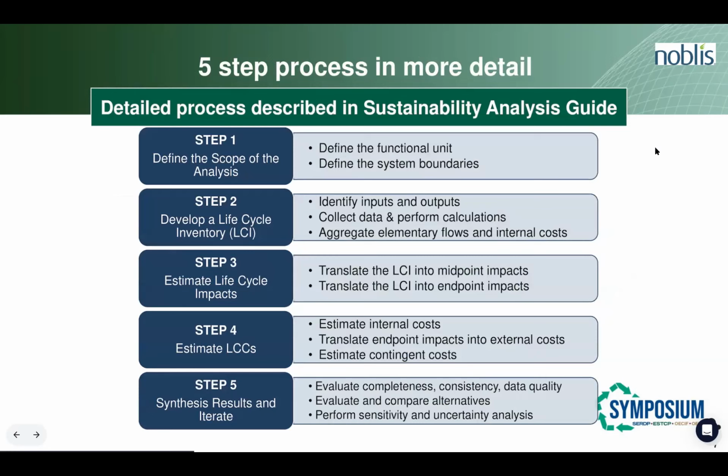Just a little bit more about what's contained in each one of these steps. And these steps are described further in detail in the Sustainability Analysis Guide. So that first step, defining the scope of analysis, begins with a definition of what's called the functional unit. The functional unit is a basis of comparison.